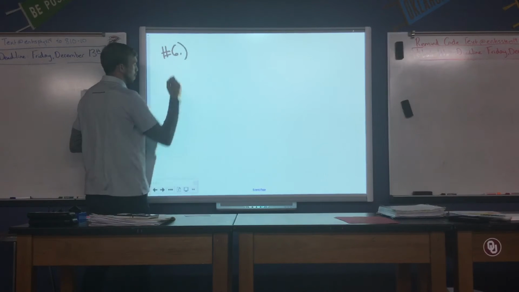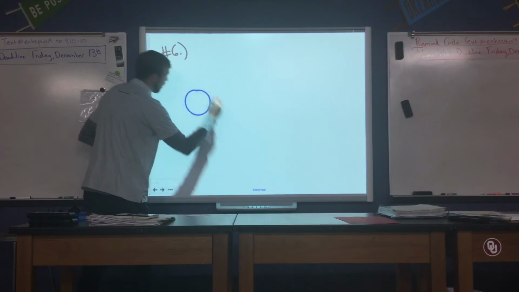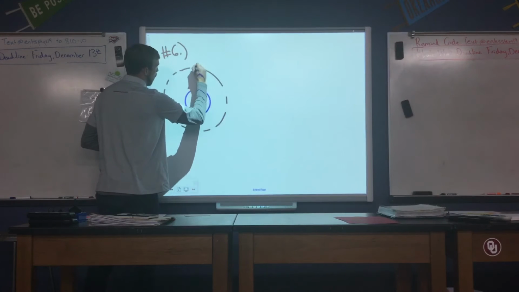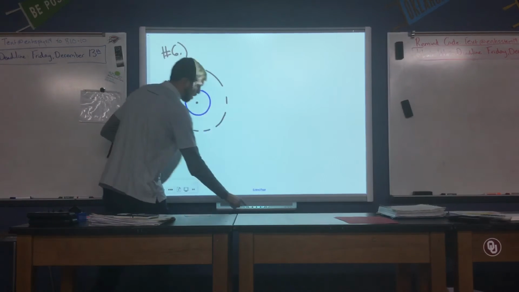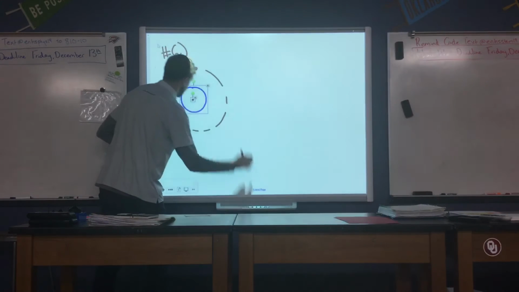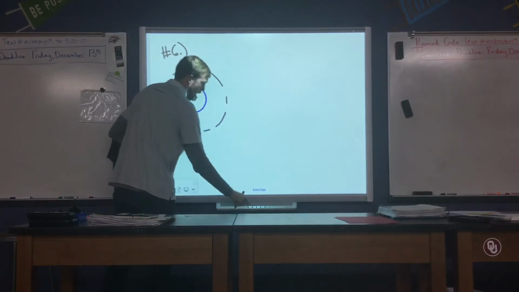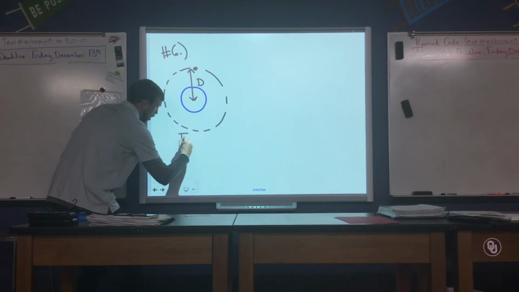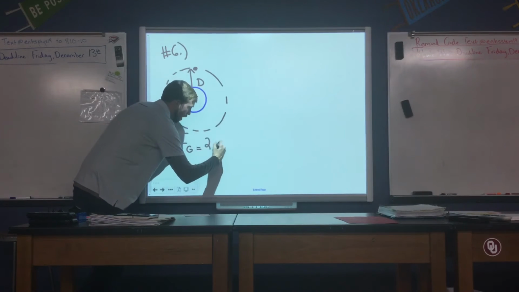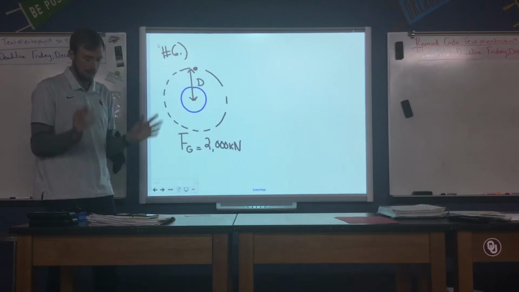So number 6, we've got, let's say, the Earth, and then a satellite that is orbiting around the Earth at, we're told, some distance. We're told a distance d, and the force of gravity, the force of attraction between the Earth and the satellite, we're told is 2,000 kilonewtons.